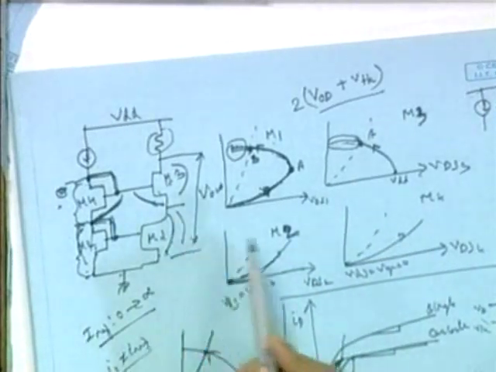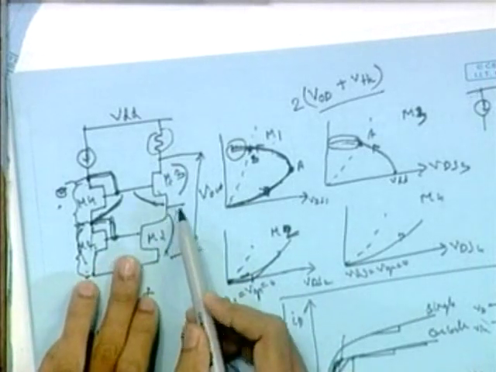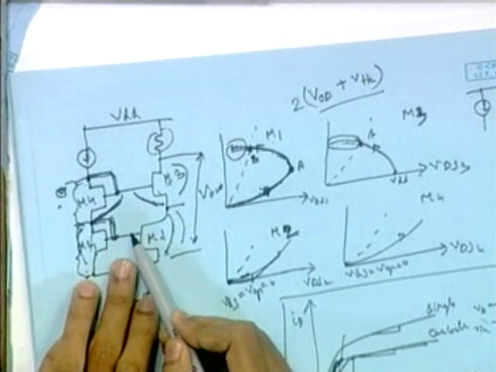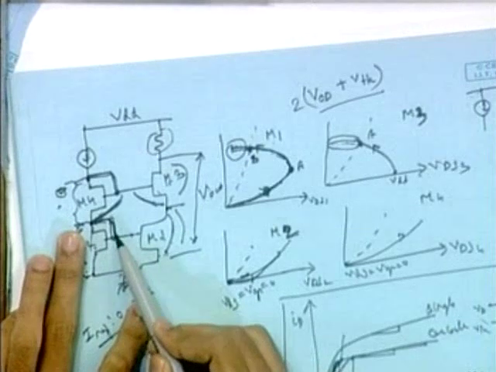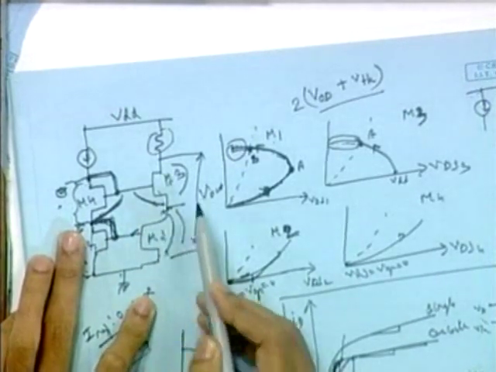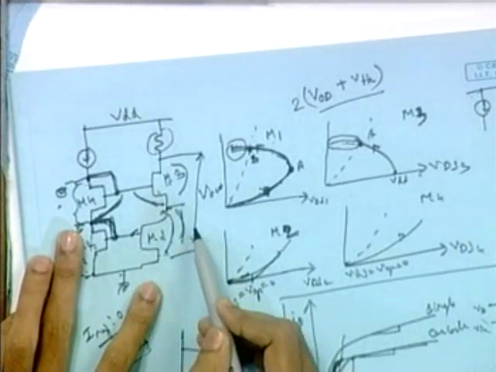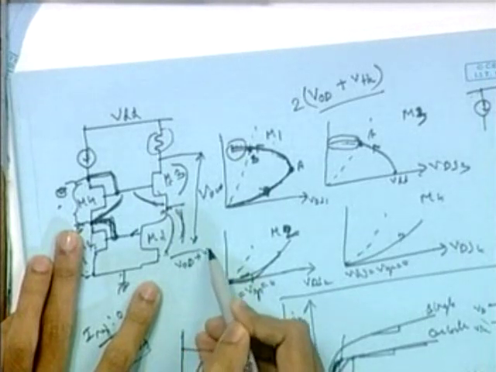This is because this drain is virtually tied to this gate, since these two voltages are the same and these are connected. So this is basically virtually connected to this point, and it cannot go to the triode saturation boundary. So the minimum it can attain is VOD plus VTH.